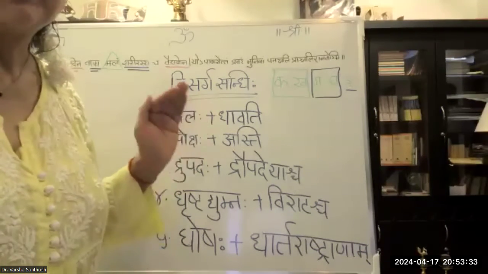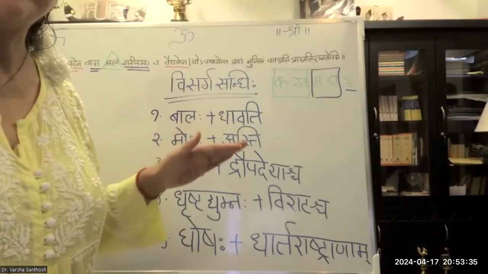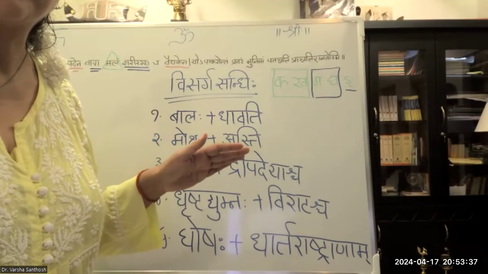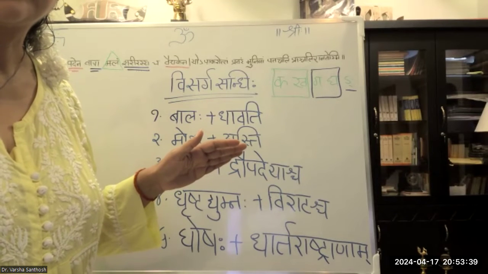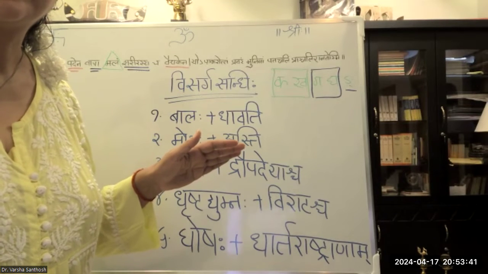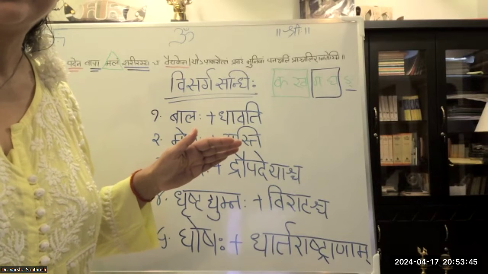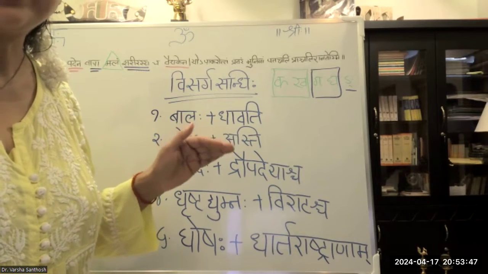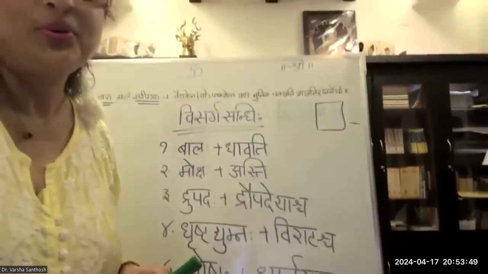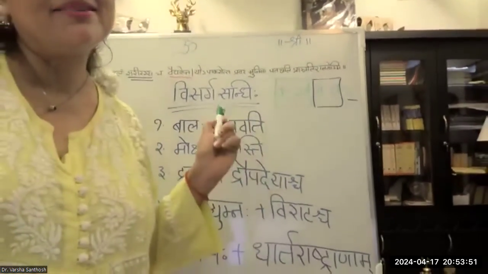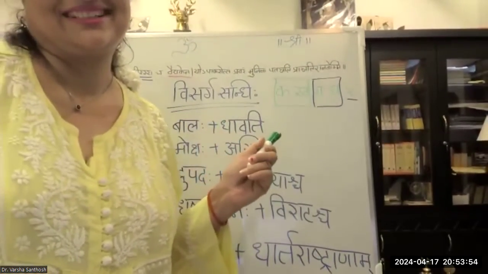Balo dhavati. Is avagraha happening or not happening? I think no avagraha. Purva rupa will not happen. Dha is what? It is mridu.